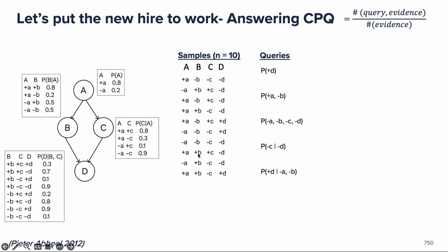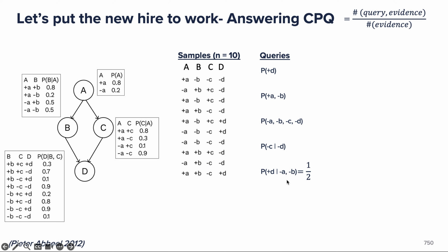And then the next thing we're looking at is a conditional probability: what is the probability of minus C given that the evidence is minus D. To compute this, we need the number of cases with the query and the evidence divided by the number of cases with the evidence. In this case, there are 4 out of the 10 that had minus C and minus D as the joint of query and evidence, divided by whichever are minus D. So in this case, it will be 4 divided by 7.